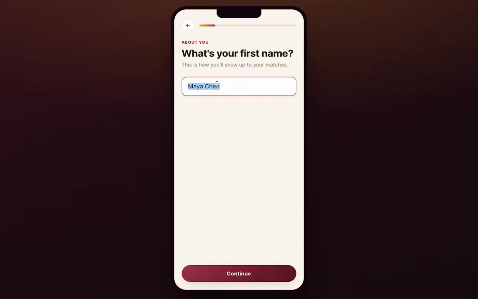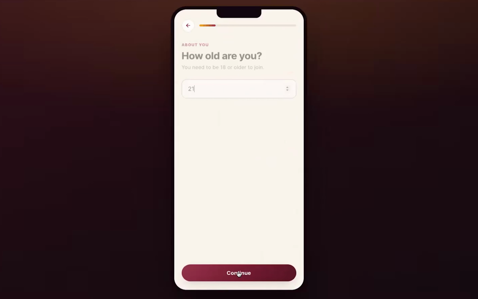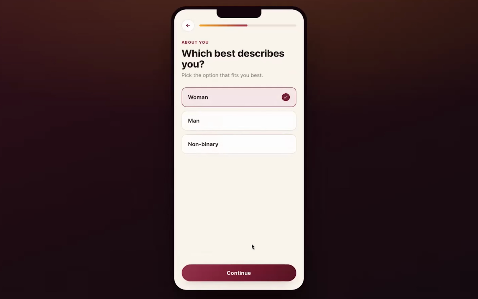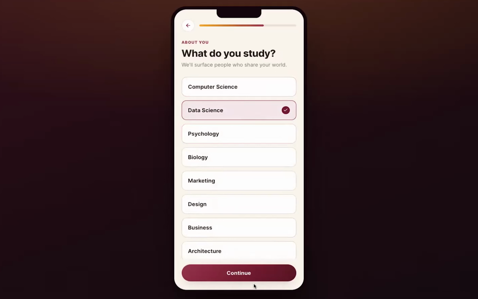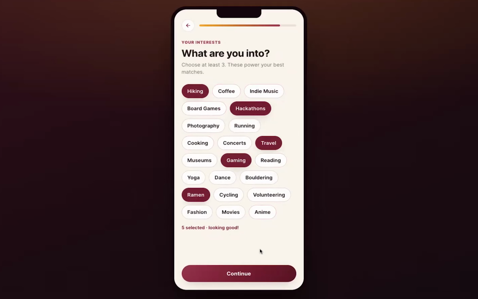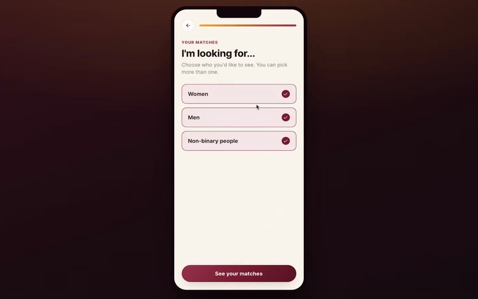First, you put in your name. And then you put in your age. I describe myself as a man, data science major, and these are my hobbies. Maybe let's change a few things. Okay, that's good. I'm looking for a woman, and let's see who we're going to match.